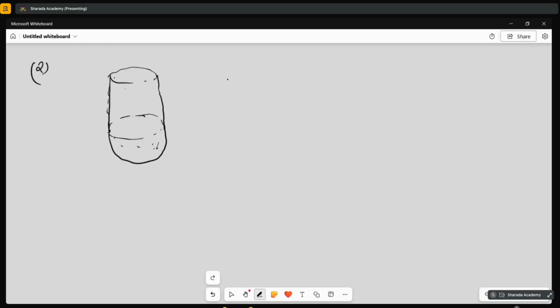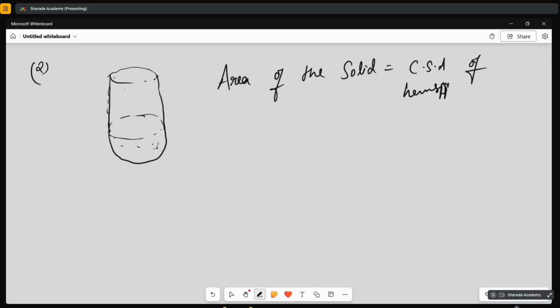So the area of the solid is equal to the curved surface area of the hemisphere plus the curved surface area of the cylinder.